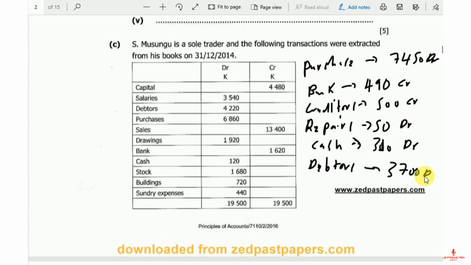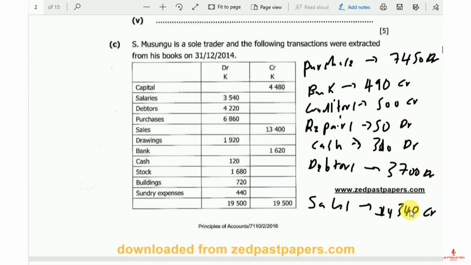Then we also had sales, and for sales the balance there was 14,340, and that had the credit balance. And we can start with our first transaction.